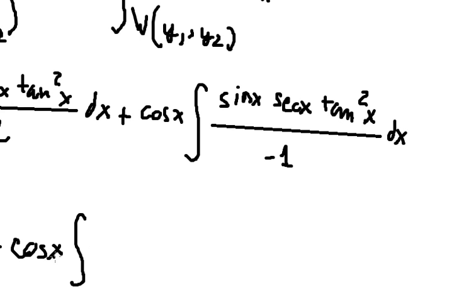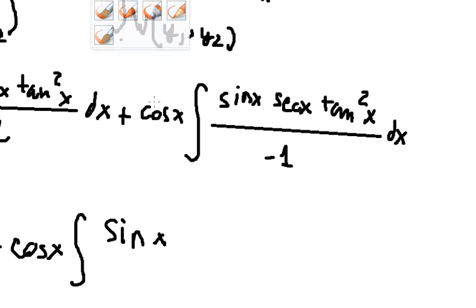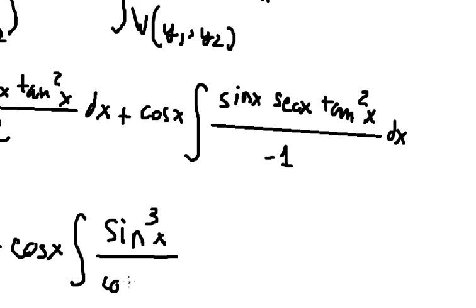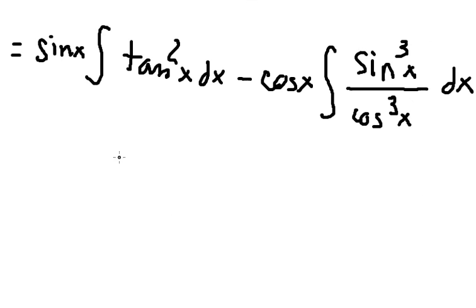We will have sine x squared, because tan x squared is sine x squared over cosine x squared. So this one, sine x, and we have sine x squared, that is sine x to the power of 3 over cosine x to the power of 3 in here, because we have secant of x. Now we just concentrate on this one and this one.